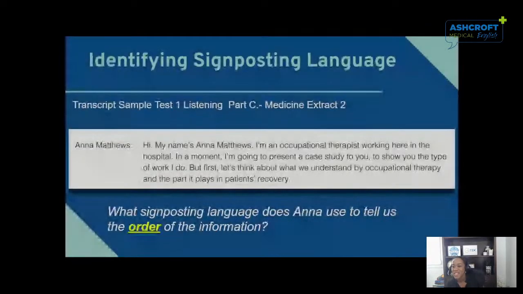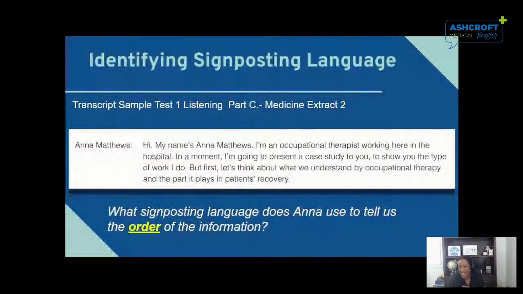Okay, so now time for you to have a look and see how you can start to identify signposting language. Now, for context, this here is a small section of a transcript taken from Sample Test 1, Listening Part C, Medicine.